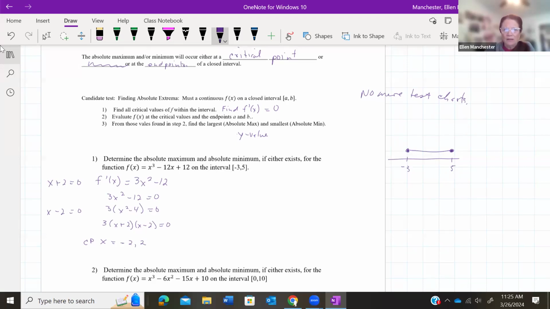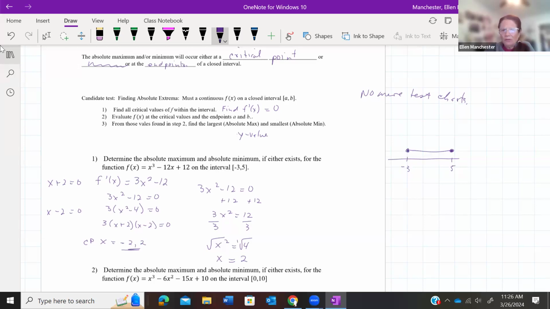The other way is if I have 3x squared minus 12 equals 0, and I have seen people do this, and this is completely okay, because I'm just using my algebra skills. But where people get this wrong is they get to this point, and then they square root both sides and get x equals 2. This is only one critical point. We have two critical points.